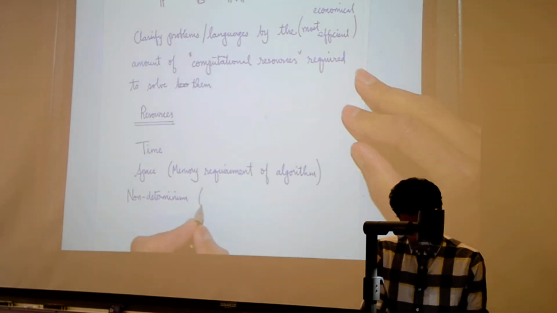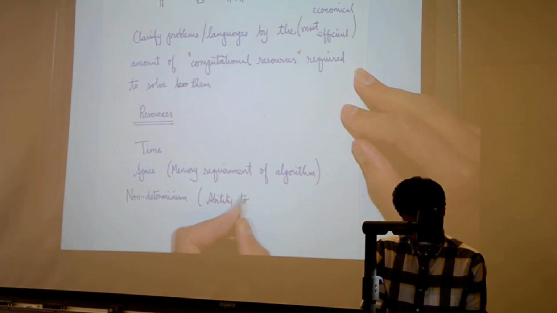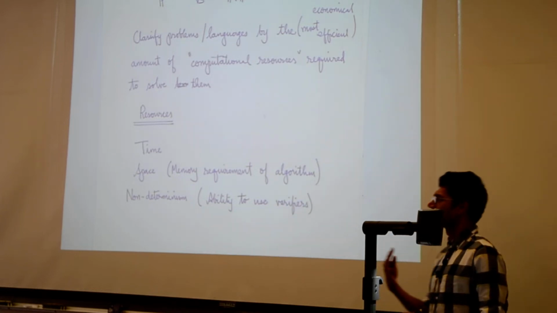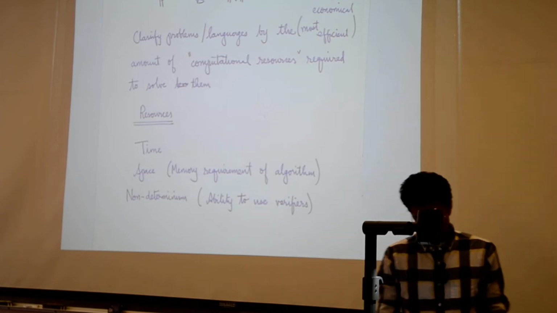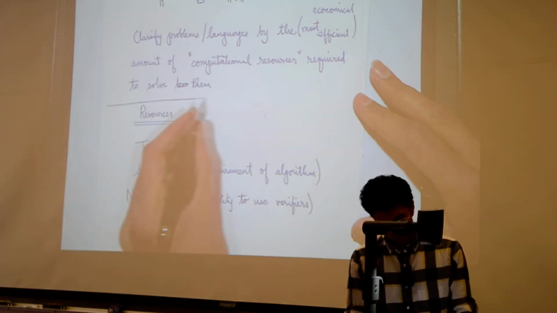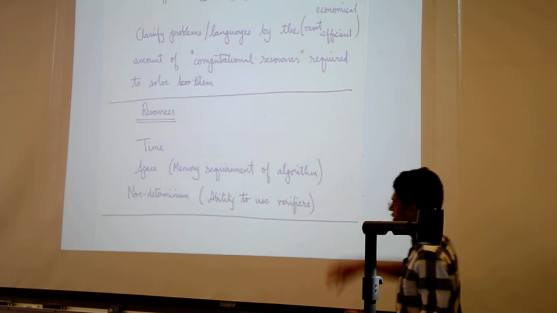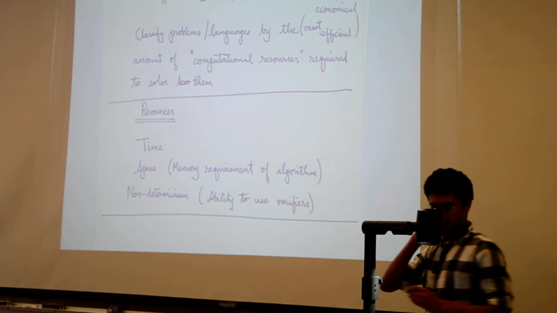And this you can think about in terms of the ability to use verifiers. It's kind of what non-determinism is, and I'll talk more about this as we go along. So let's just start with these three resources. I'll try to show you what's going on, and then we can talk about other resources if we have time.